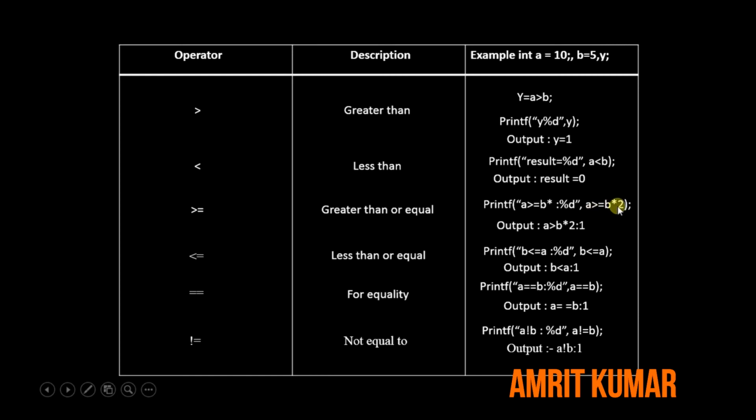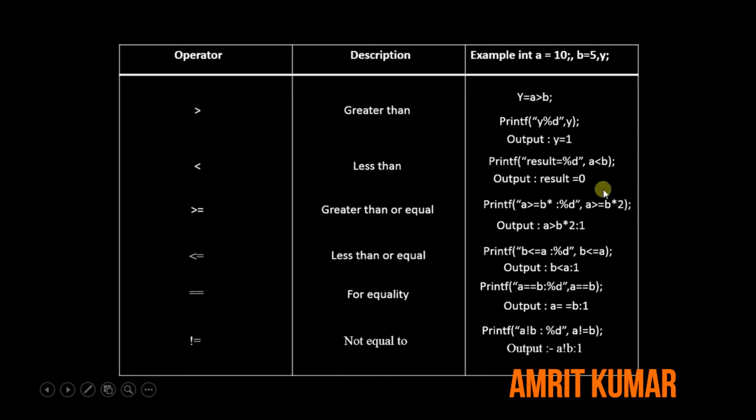Why it is correct? Because A is going to be 10 and B is going to be 5 here. So 5 multiplied with 2 is 10, and A is also 10. And here it is the greater than equal to sign, therefore 10 is equal to 10. Therefore it is a right statement, we can say.